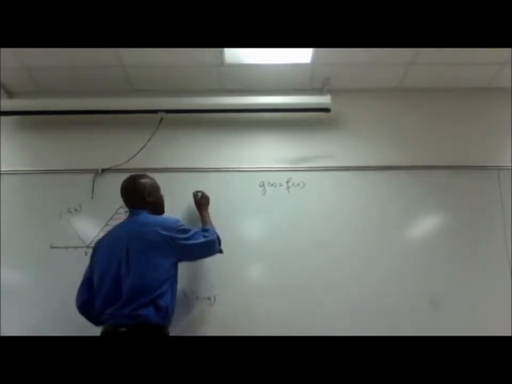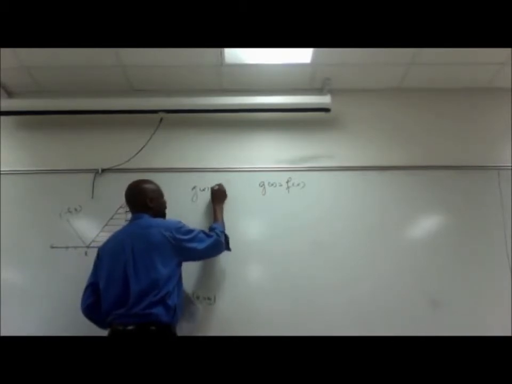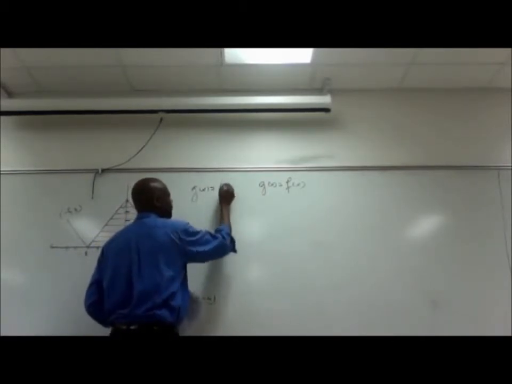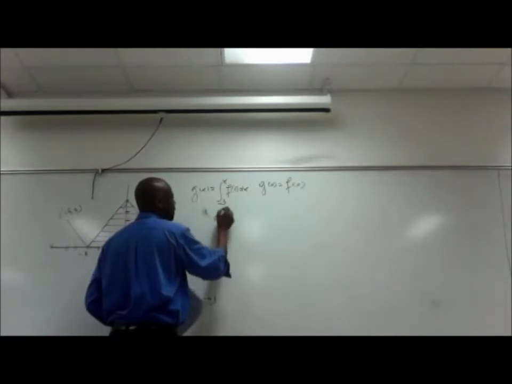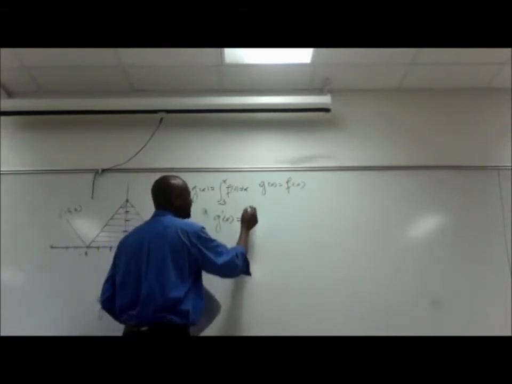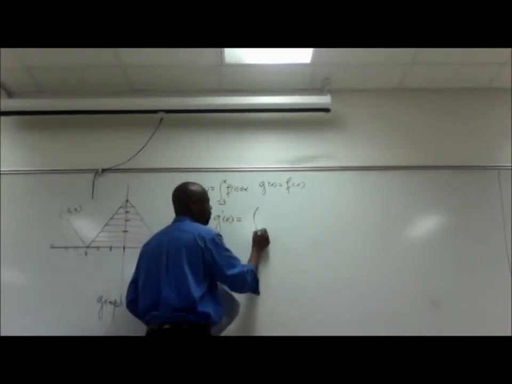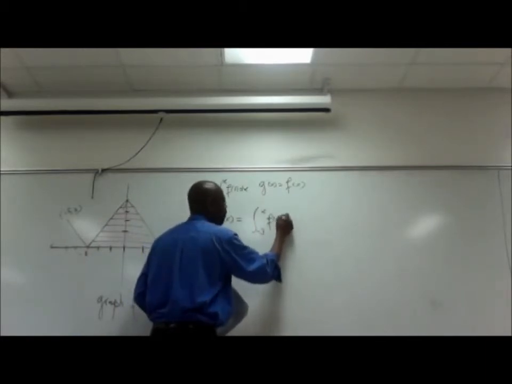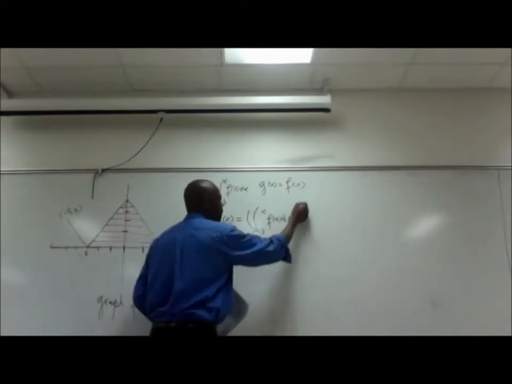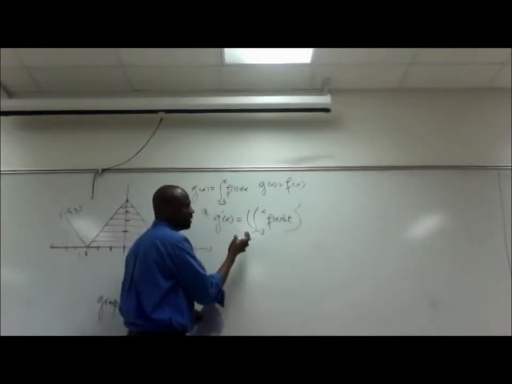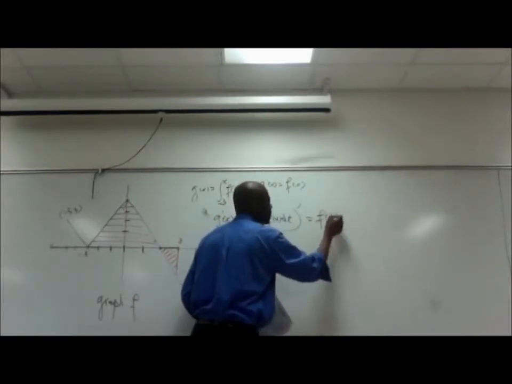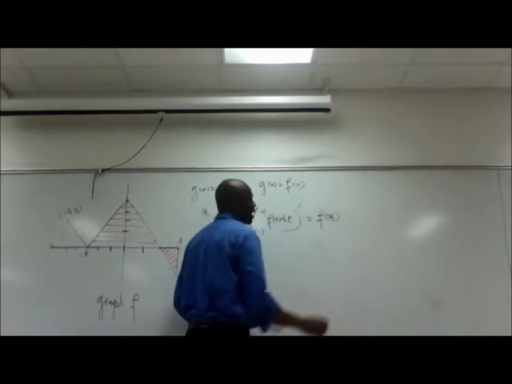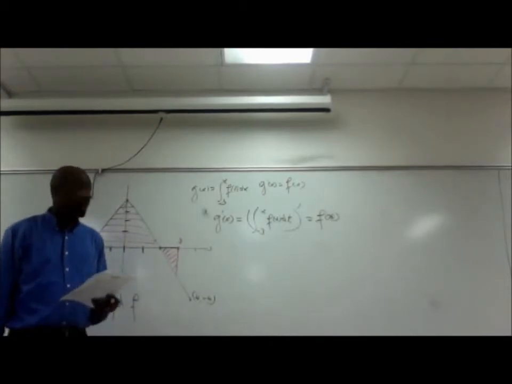Why? If g of x equals the integral from -3 to x of f of t dt, the derivative of g of x will cancel out the integral. What is left is only f of t, no, f of x. You replace t by x.